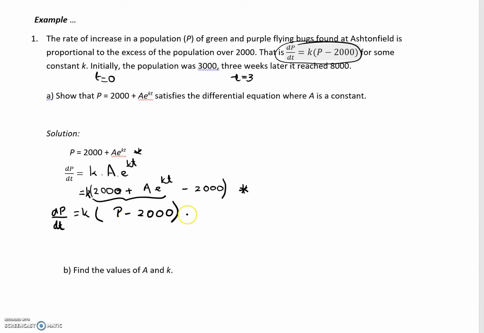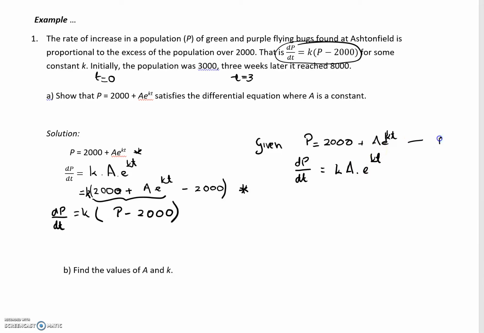Now, I'm going to just show you another method that we could use to show that this equation here actually satisfies the derivative. And again, I'll pause the video. So a second method is to obviously start with P equals 2000 plus Ae to the kt and differentiate both sides, so nothing different to here.